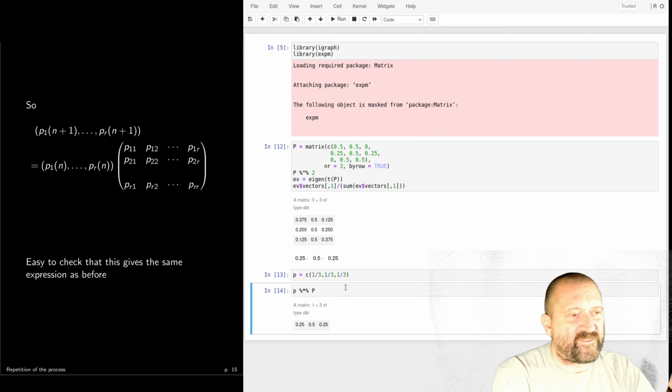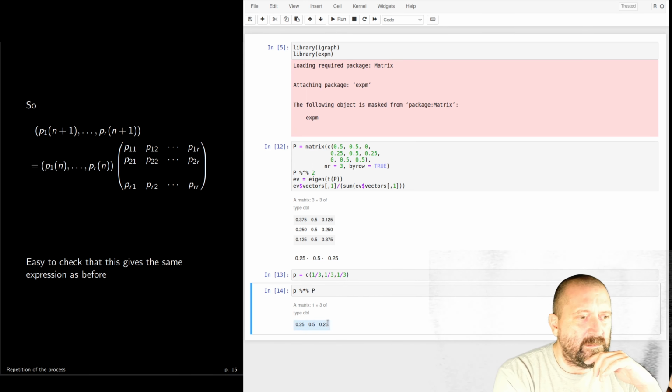P dot P here is just taking that initial state.